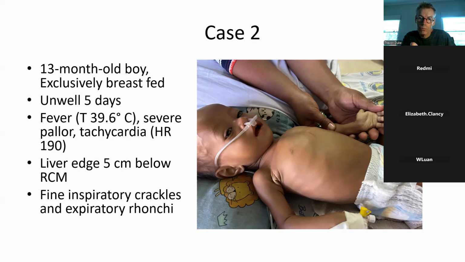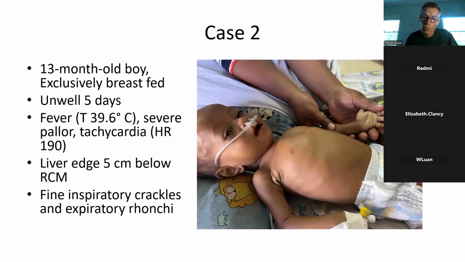And this boy was severely pale. You can see his hands, the palmar pallor, and he was very tachycardic, heart rate of 190. You could feel his liver 5 centimeters below the right costal margin, and he had fine inspiratory crackles throughout his lungs, especially, remember, listen posteriorly, and expiratory bronchi.